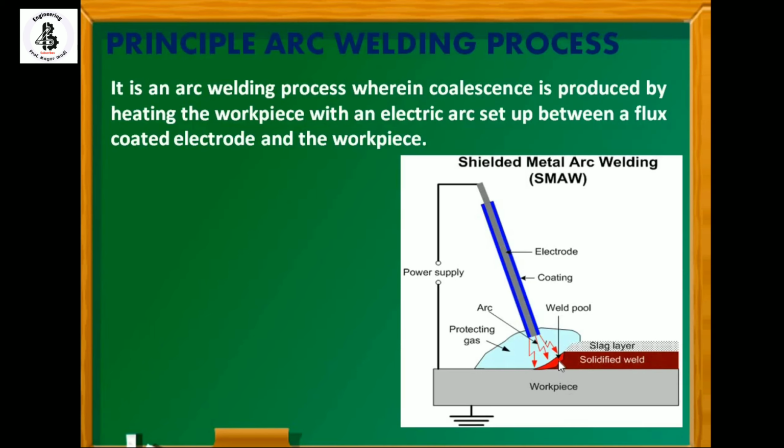These two make a whirlpool. By the utilization of the flux as a coating material, the flux has features like protecting from the gases, so there is no formation of oxide in the welding process. That is the basic principle of the arc welding process.